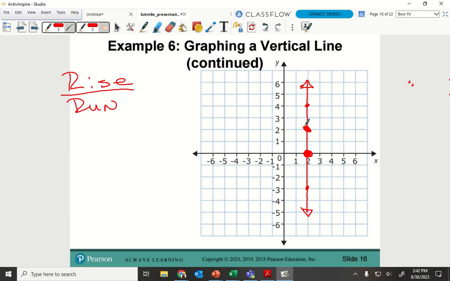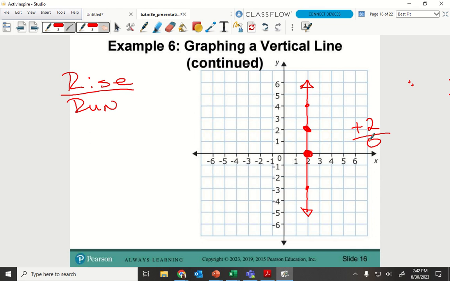It goes up 2, right? Does it go over? No. It doesn't move to the right at all, does it? So what do I put for my run? How much is it running? 0. It goes up 2, but my run is 0.